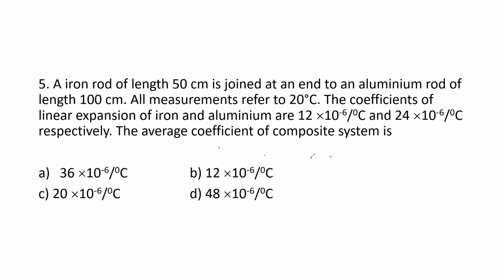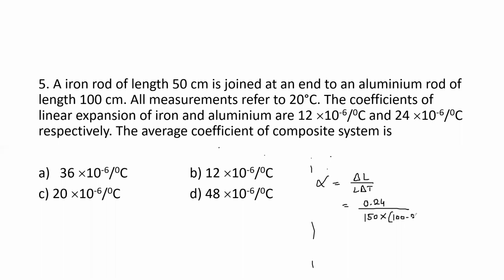See here, the average coefficient of expansion at 100 degrees Celsius. How to do this? That is, alpha is equal to, our formula is delta L divided by L into delta T. So change in length is 0.24 divided by original length is 150 into change in temperature.